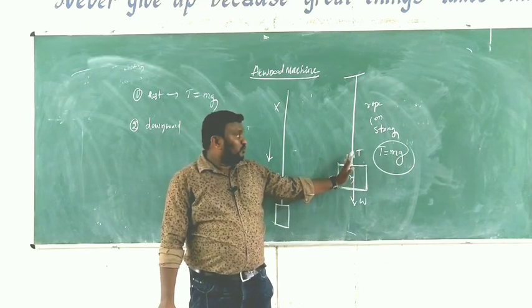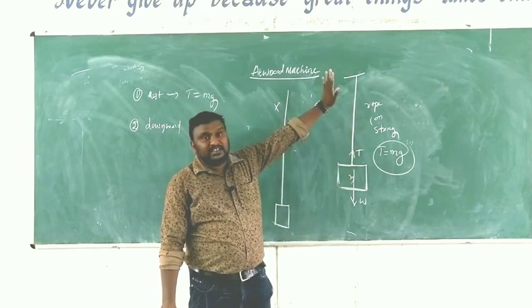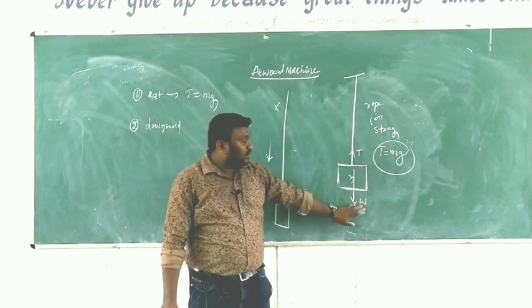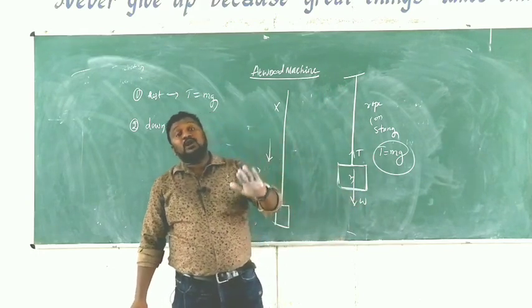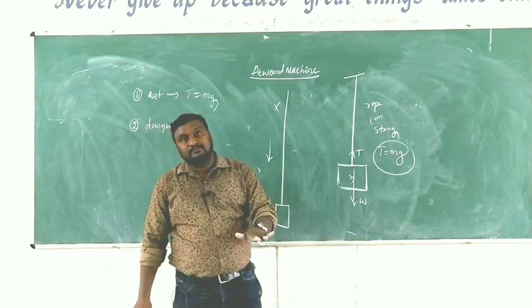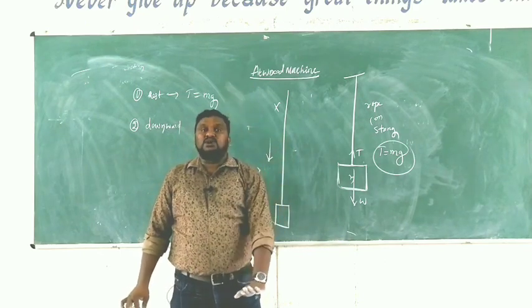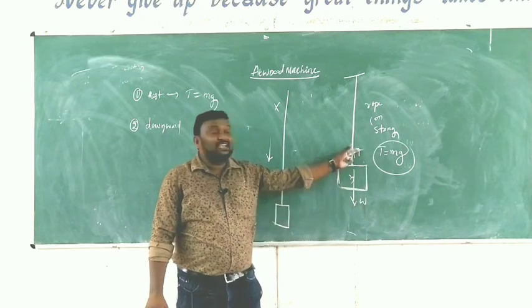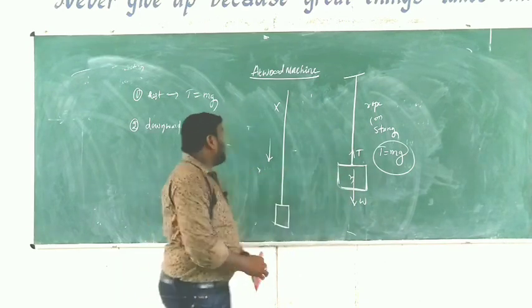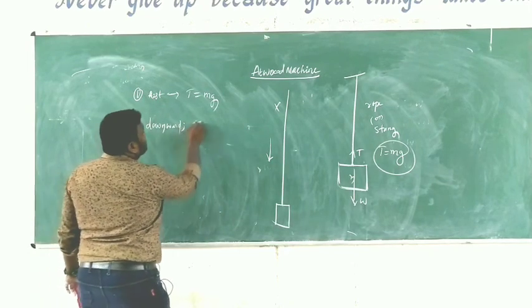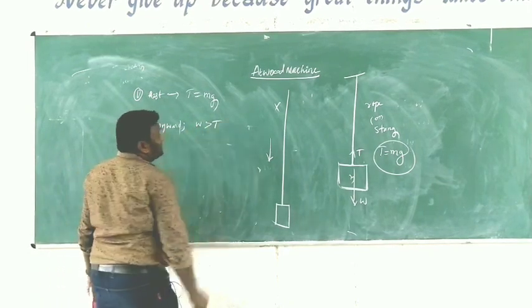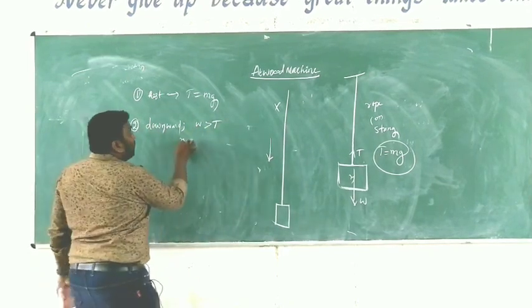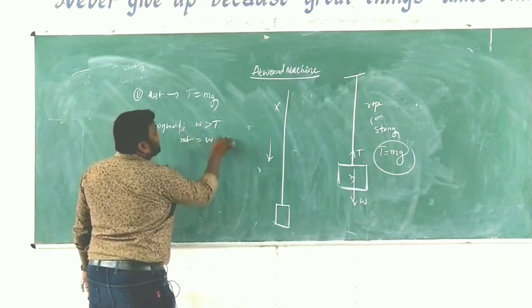When the body is moving down, tension is acting upward and weight downward. Even though upward force is acting, the body is coming down. That means weight is more than tension. For downward motion, weight is more than the tension. Then the net force we can write as W minus T.